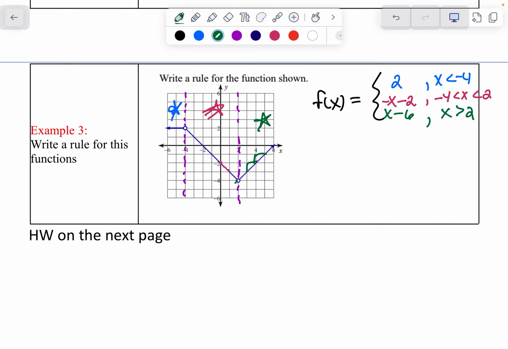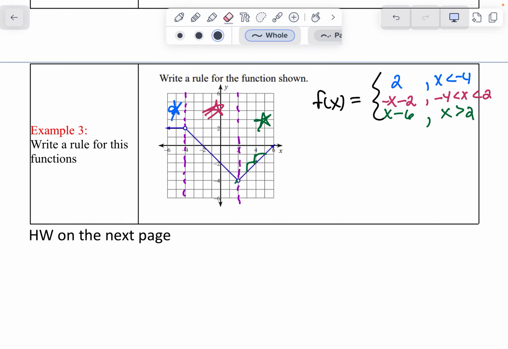Okay? So what a piecewise function has to include, where does this function live? How would I graph that function if it was just a normal good old function? Where does this function live? How would I make an equation for that? In this case, line. And sometimes you have to actually extend it out to make it work. But you can plug in points as well.